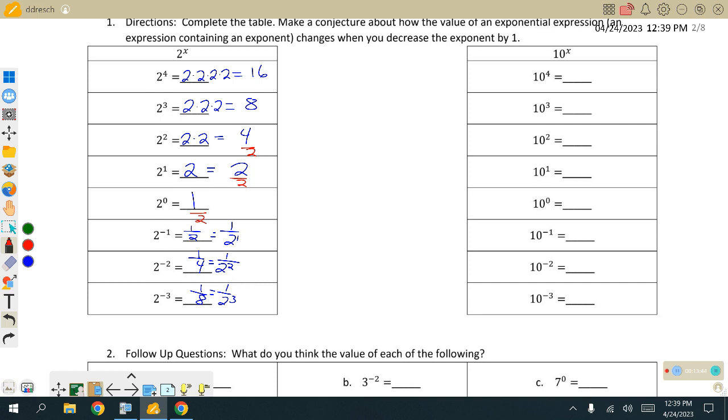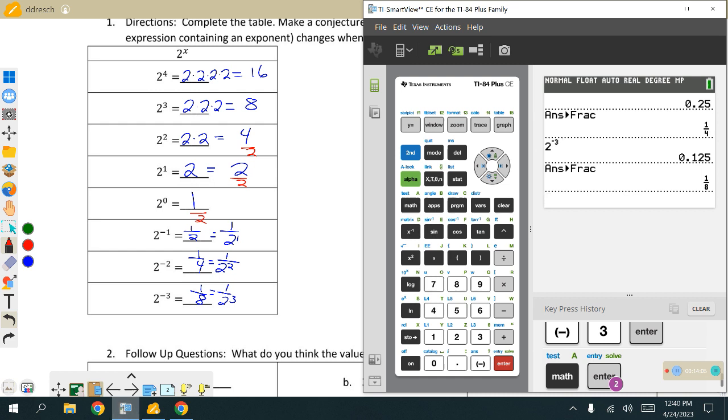Now, let's carry that to the second column really quick. Okay, what do we have here? To the 10th power. Now, 10 to the 4th. 10 to the 4th means 4 tens. Now, 4 tens, you can go to your calculator.